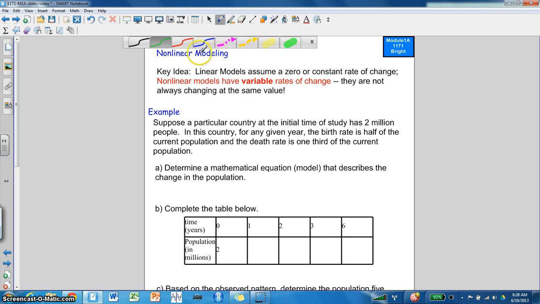Okay, we need to introduce some notation here. Again, it's math. We need to make sure that we communicate our ideas in a mathematical form, but also that they have connection to whatever context we're working in. So I'm going to say let P of t be the population t years after study.